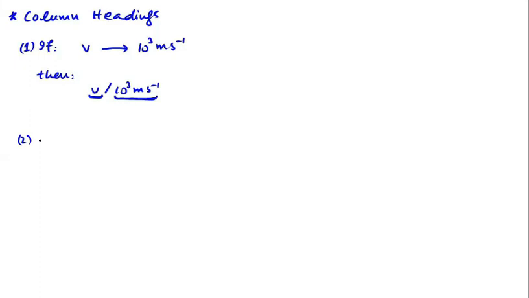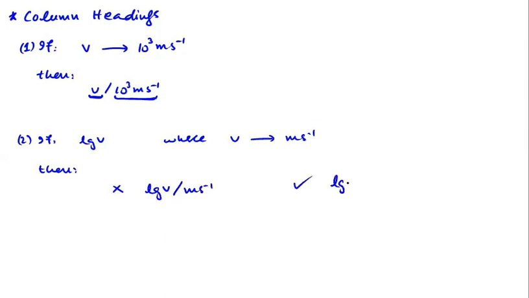Now, according to the second rule, if there is a logarithmic function, let's say log of V this time, where V is to be expressed in the units meter per second, then the column heading for log of V should not be log of V forward slash mark meter per second. Rather, it should be log, bracket open, V forward slash mark meter per second, bracket closed.